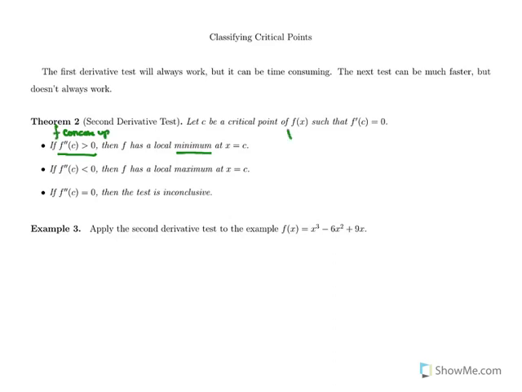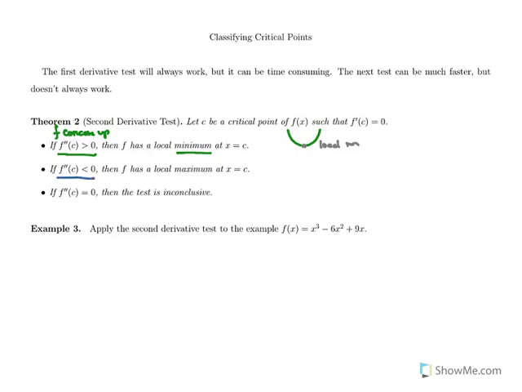So let's draw a concave up function, and we can see that on that little smiley face portion, the bottom of that is a local min. So this is saying that if you know the derivative is 0 at a point, if you know it's going to be the bottom of a valley or the top of a mountain, and you can say that it's going to be concave up at that point, it has to be the bottom of a valley.